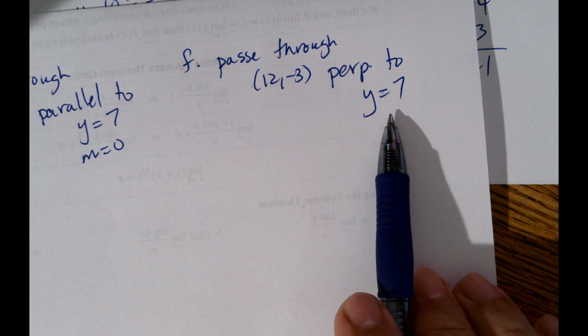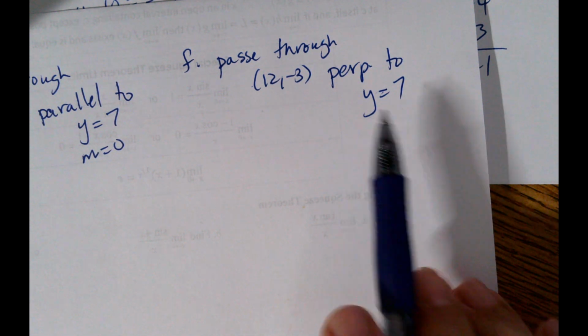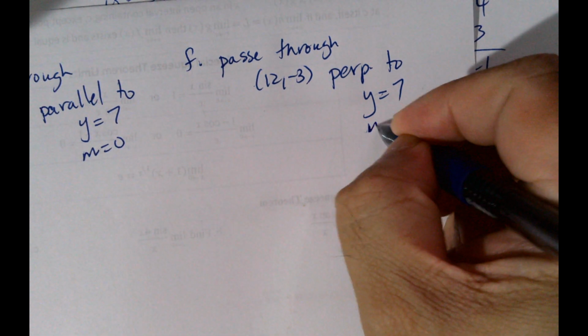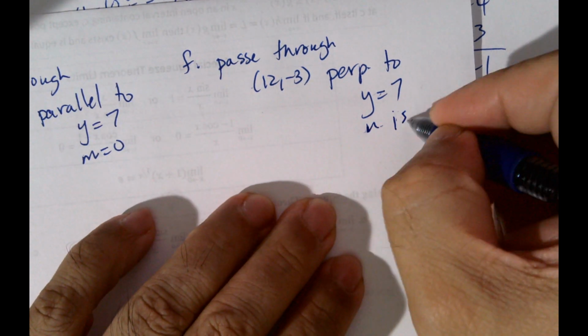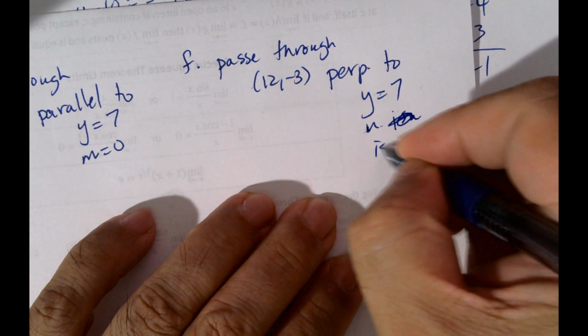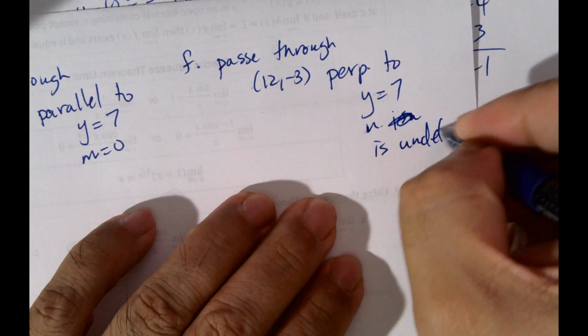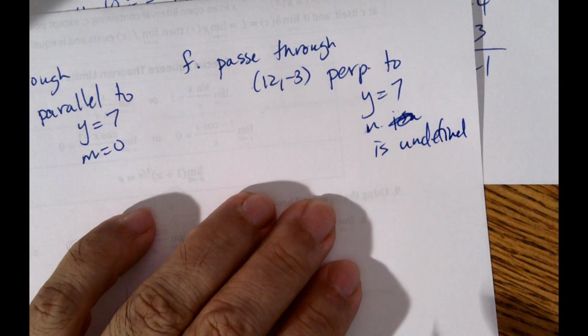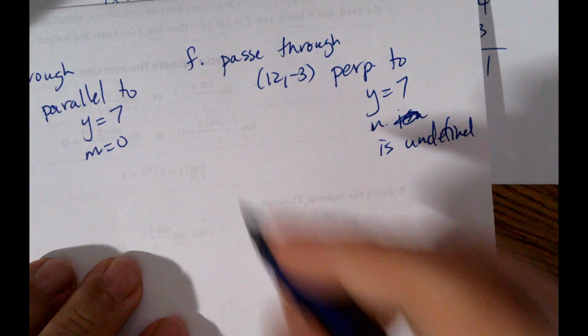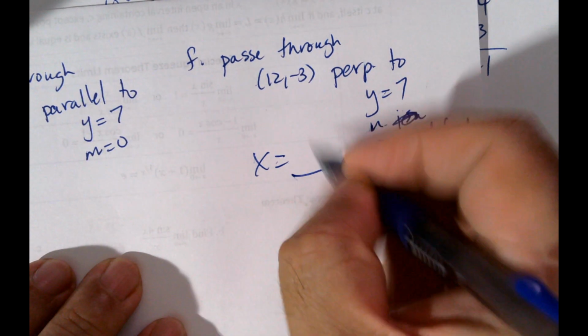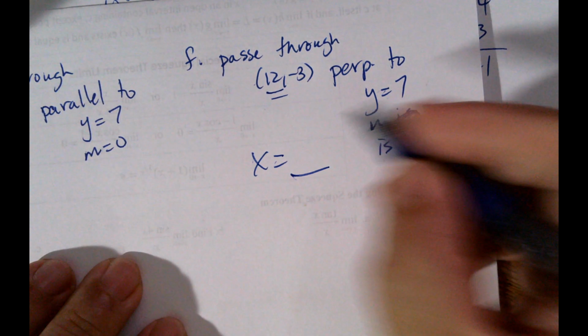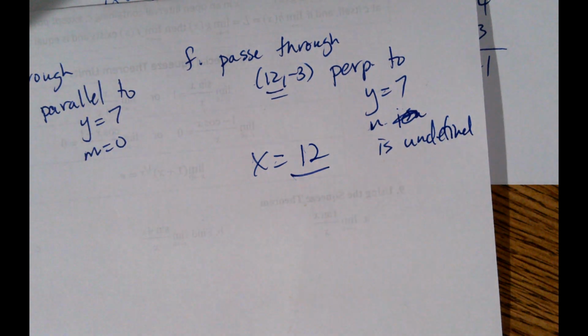The slope is 0. Remember when we said perpendicular to that, that means the m we need is undefined. M is undefined. Okay, so that means it's a vertical line. Remember, when it's a vertical line, it's x equal to the x value. The x value is 12. So it's x equals 12. And that's it.